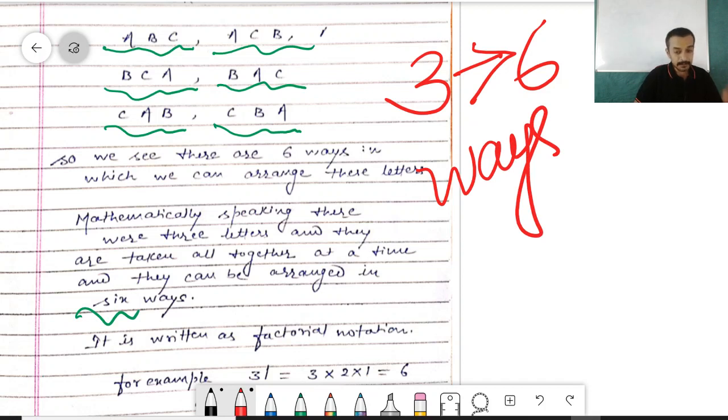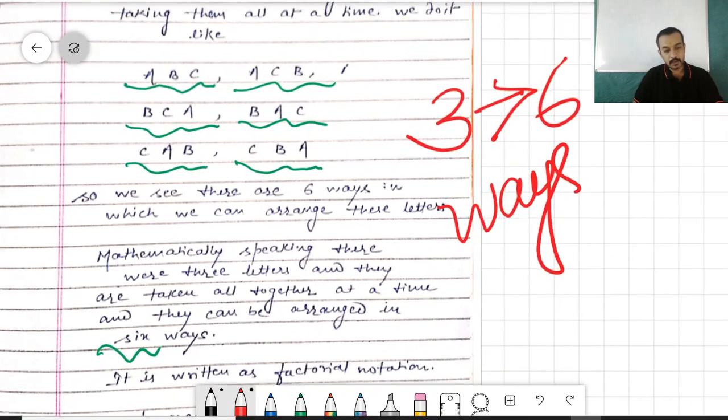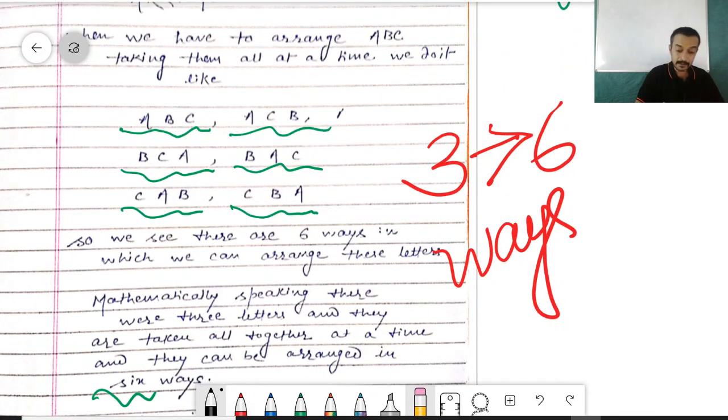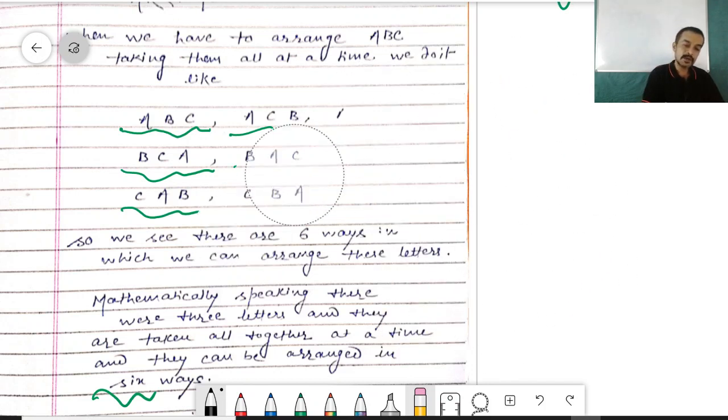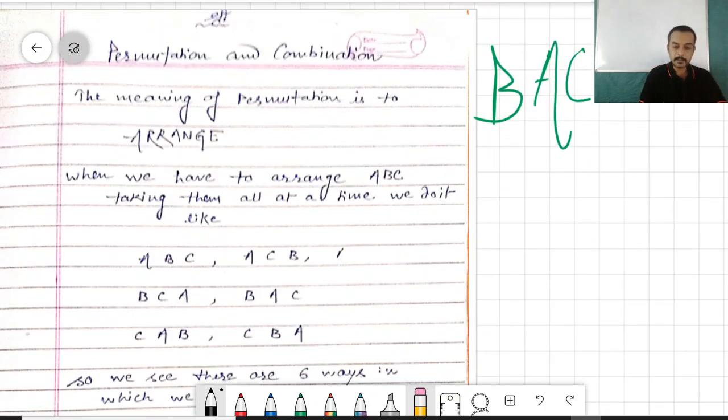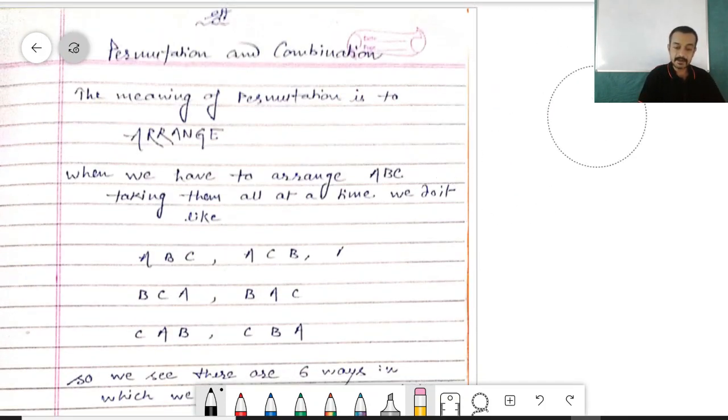We'll come to the depth of the mathematical reason for that. And what is that? A new word comes, known as factorial. Now what is this factorial? Factorial is a concept that is very simple. Whenever we are taking a number, for example, I am taking the number 3, I have to find its factorial.